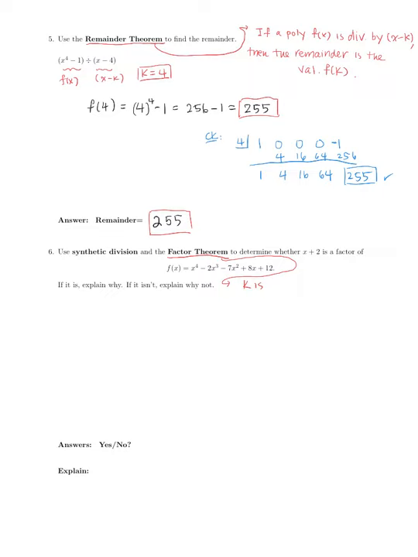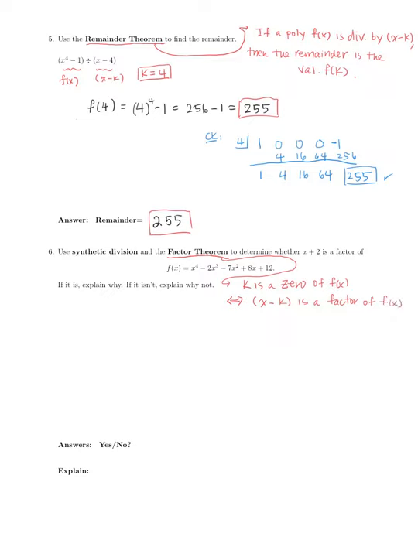k is a 0 of f of x if and only if, the notation for if and only if is the double arrow, x minus k is a factor of f of x.